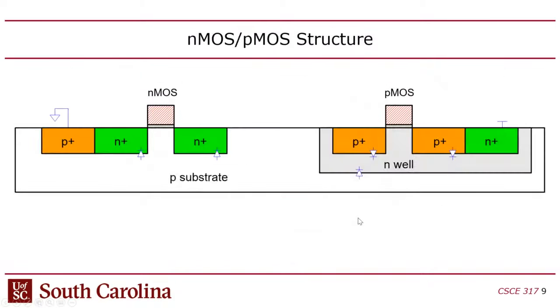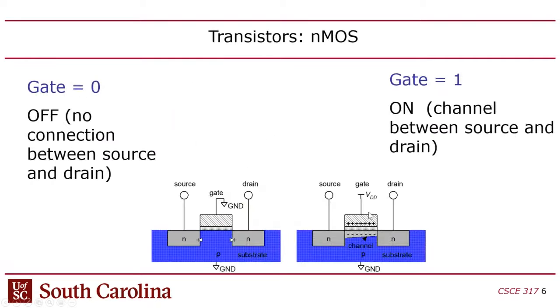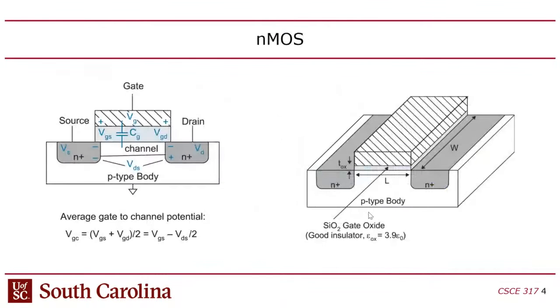And the source terminal, of course, is one of the two terminals on either side of the transistor. The source terminal, by convention, is the side of the transistor that has the lower voltage for the nMOS and the higher voltage for the PMOS.